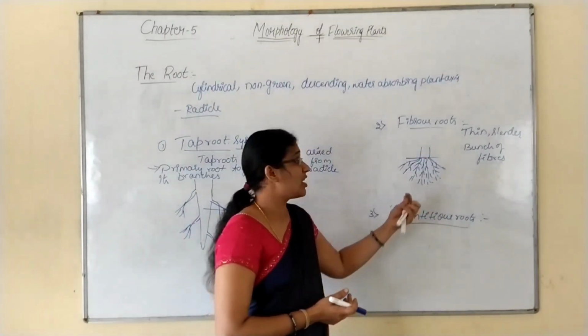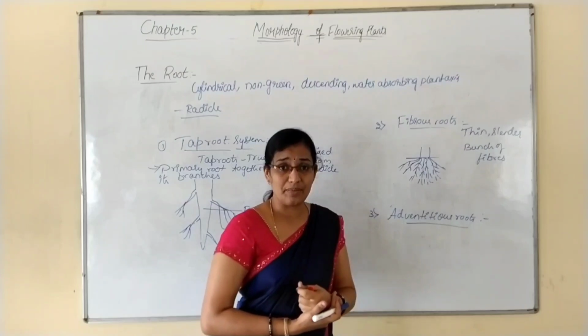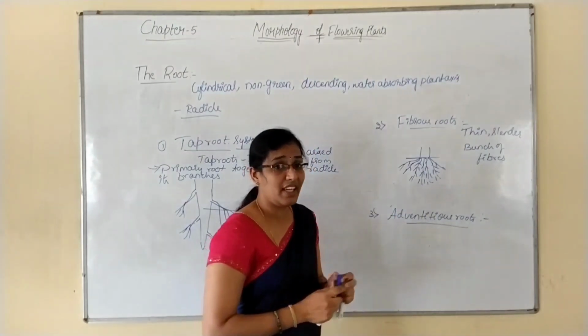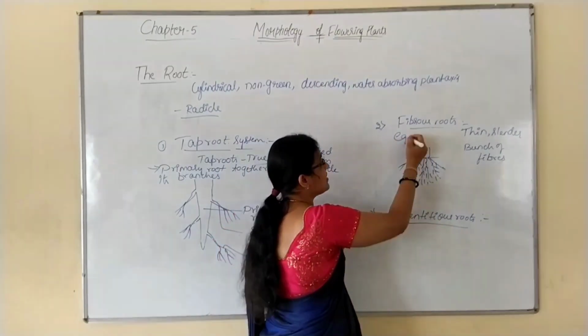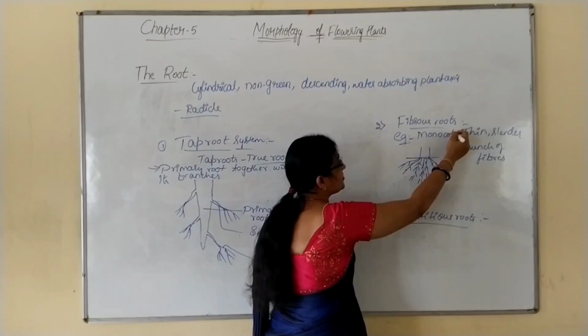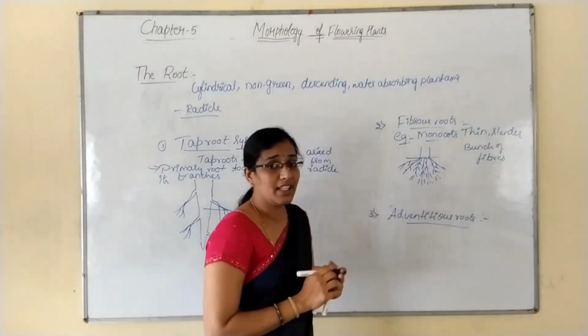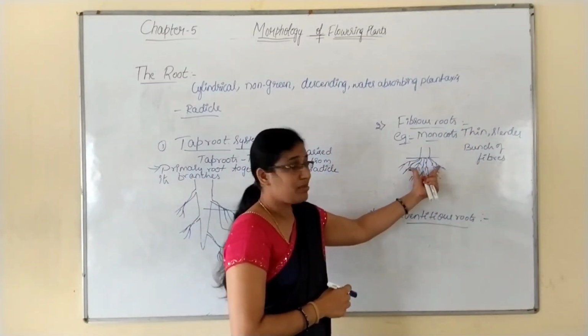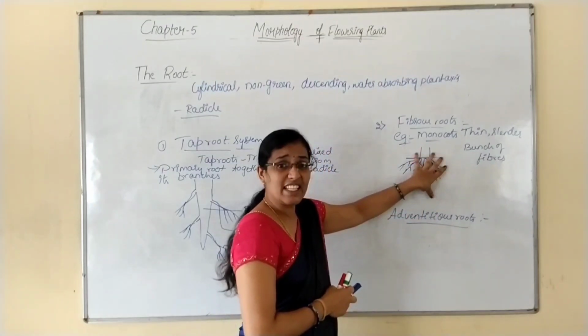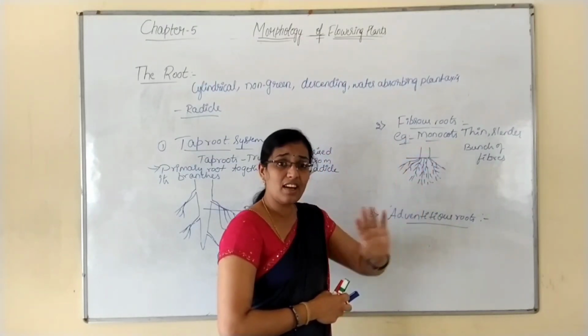In which plants do we come across the fibrous root system? Fibrous root systems can be seen usually in monocots. And where can we see these fibrous roots, whether aerial or underground?